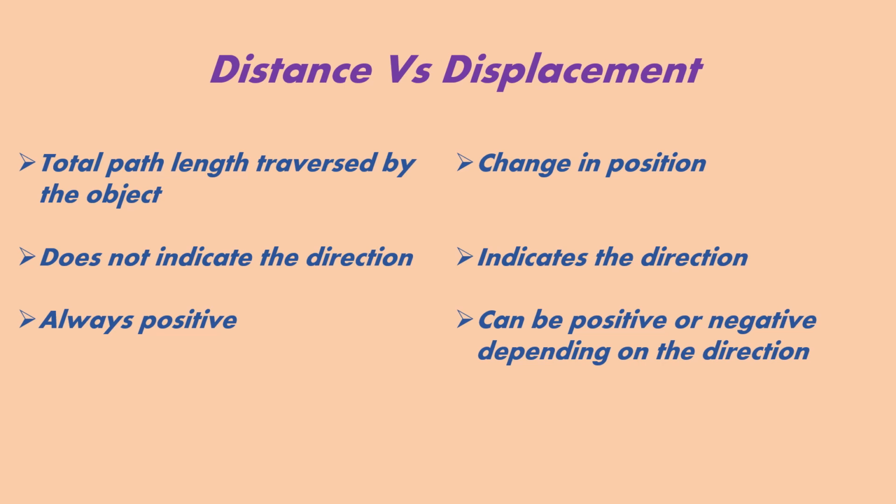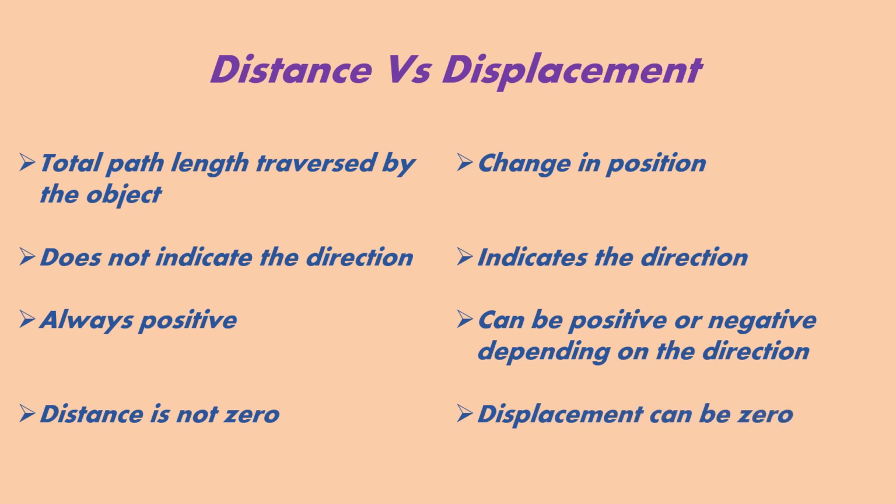Positive means it is in the forward direction with respect to the initial position, and negative means it is in the backward direction. And finally, if the object is in motion, distance cannot be zero, whereas displacement can be zero even if the object had a motion, because if the initial position and final position are the same, then the displacement will become zero.